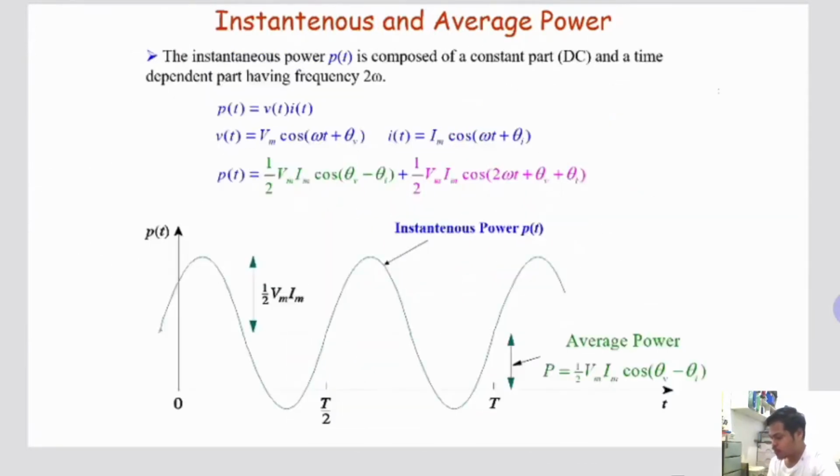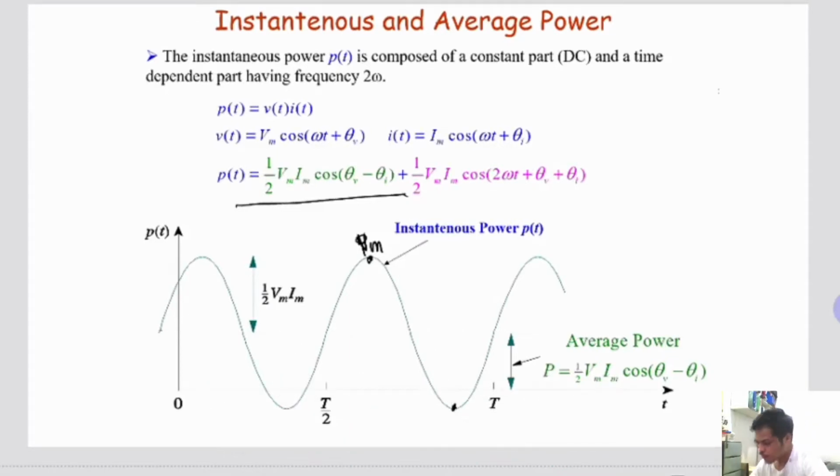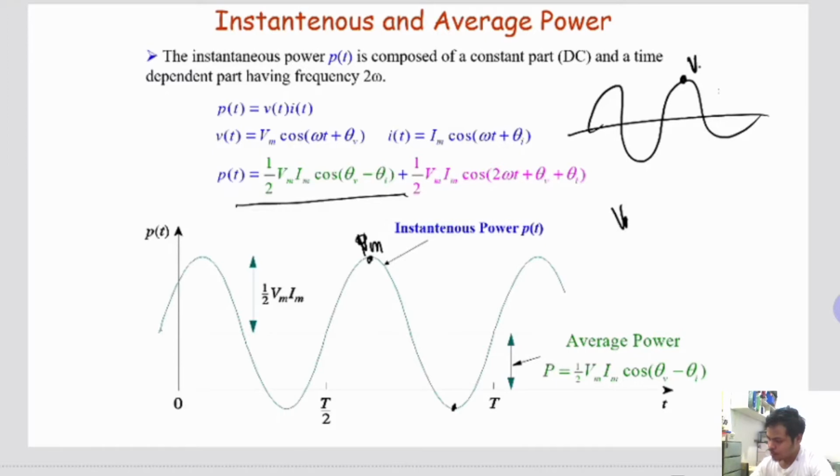The average power is the power in between the instantaneous power, and the formula is 1/2 Vm Im, wherein you have your maximum in sinusoidal form, and the negative of Vm. So this is the formula for average power.